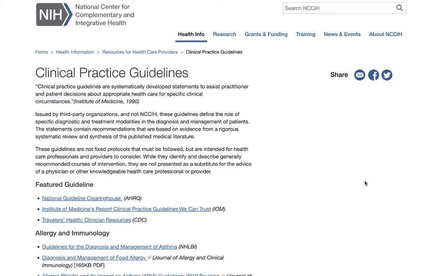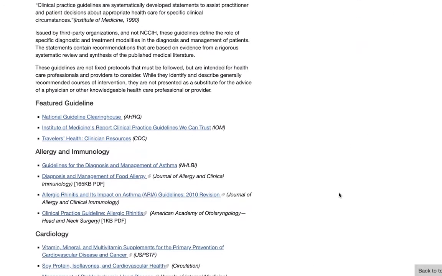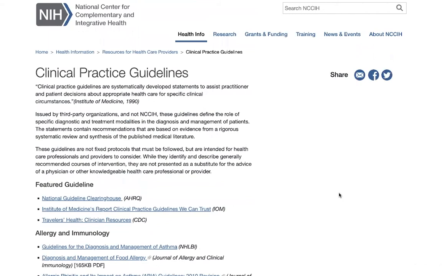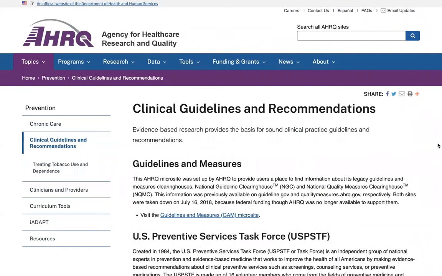And if that still is a little shaky for you, please review this article and also look through other sites that are trustworthy, that will discuss this topic in a lot more detail. I did want to point out that the Agency for Healthcare Research and Quality, with the acronym AHRQ, which you should know for your RHIA, also talks about clinical guidelines and recommendations on their website.